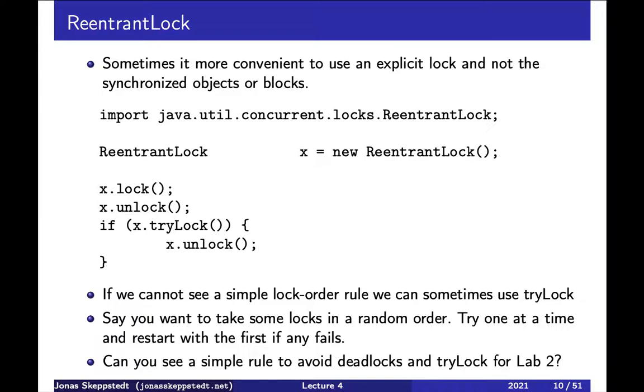And if you fail, you start all over. Okay, so try-lock can be useful, but since it's a speculative operation, it is not so nice to start with. It's better to use a strict order if that is possible.